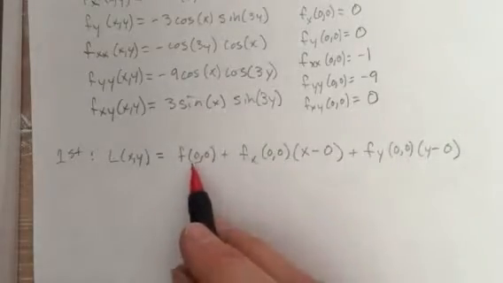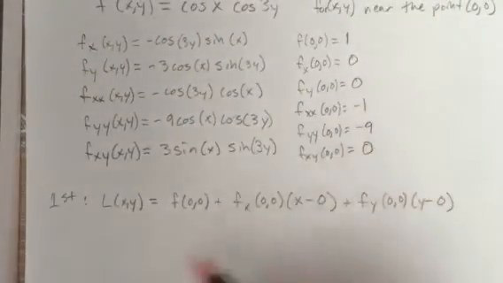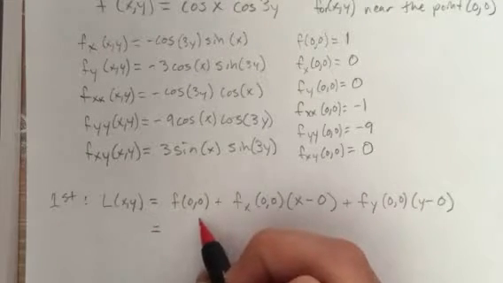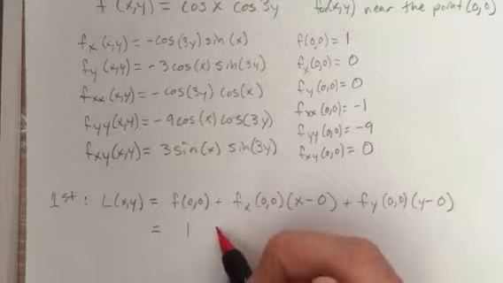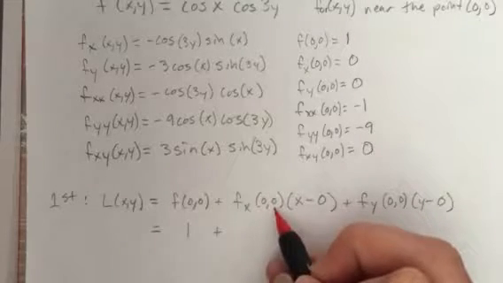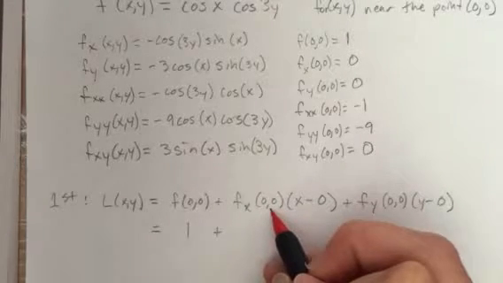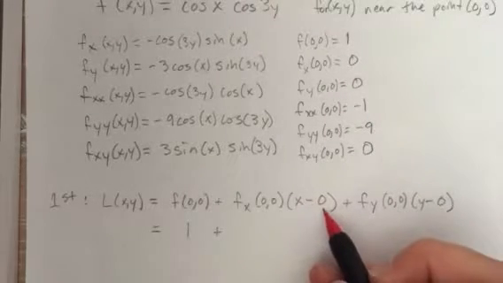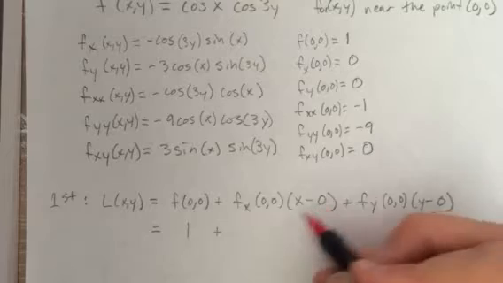So looking up at the values that we have up here, we can easily say that f of 0, 0 is 1, plus fx of 0, 0, which is 0, and then your x minus 0, sorry, is just going to be x.